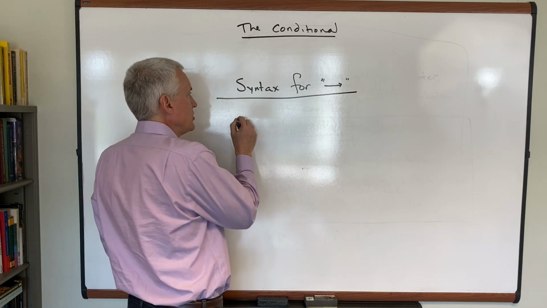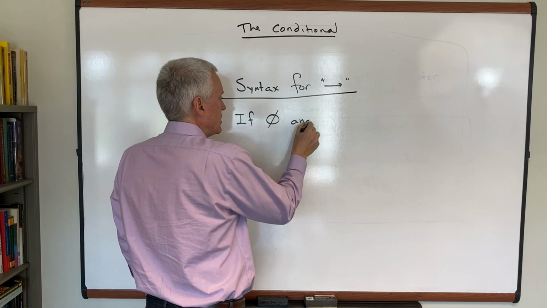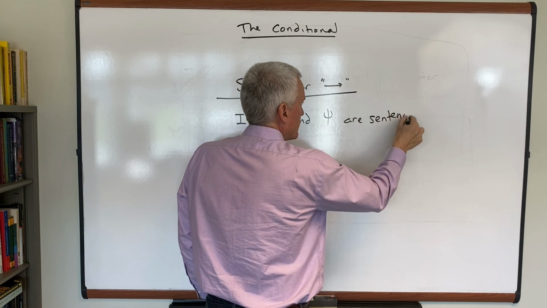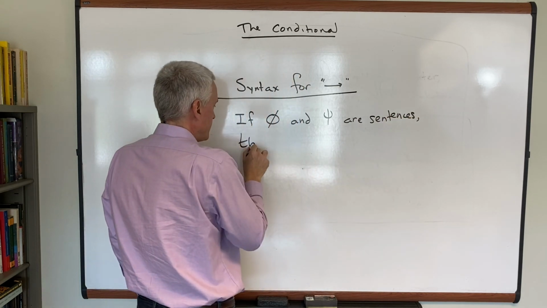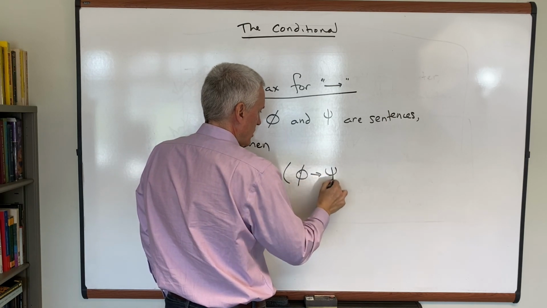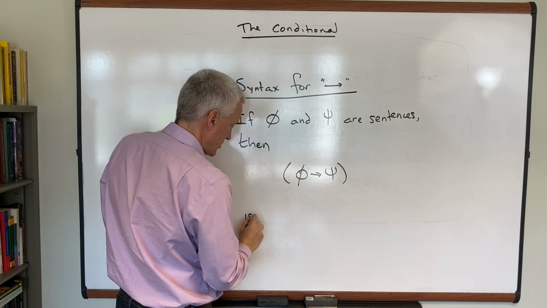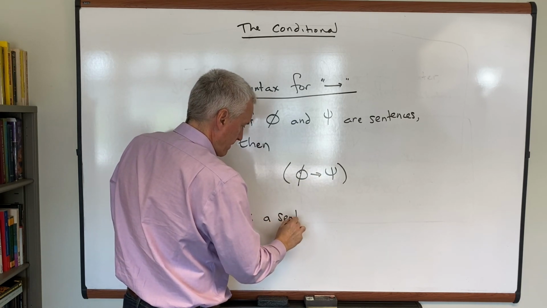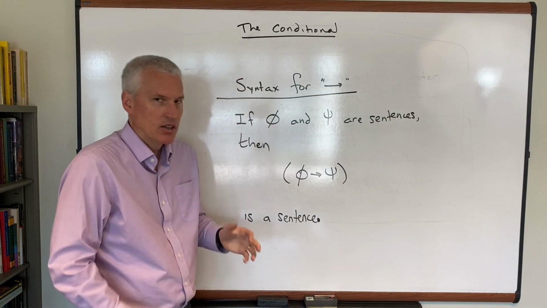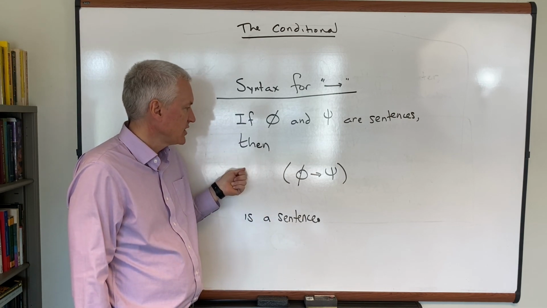And the way we'll do that is we'll simply say, if phi and psi are sentences, then parentheses phi arrow psi parentheses is a sentence. Very simple. The syntax of the propositional logic is always easy. But we need to say this. We need to say it precisely at least once.